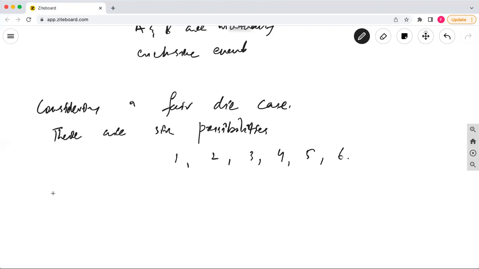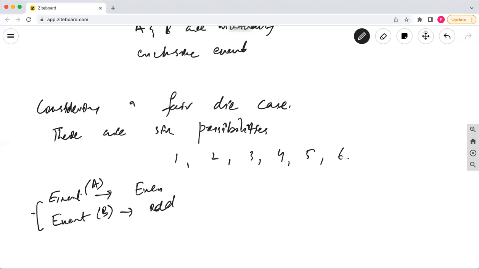If I say that one event is that we get an even number after throwing the dice, and this is event A. Another event is that we get an odd number. So can we call these events mutually exclusive?